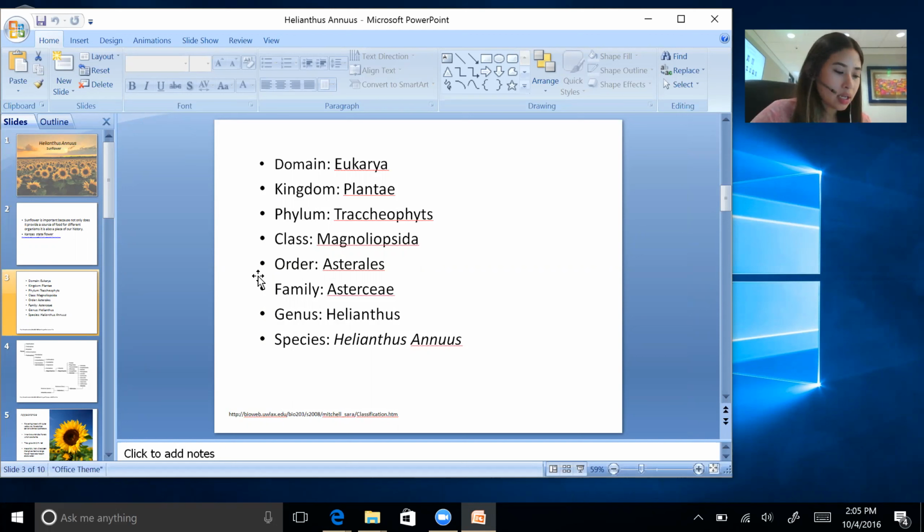The order is Asterales because it's a composite flower made of florets. That means it's composed of many small flowers called florets. Family Asteraceae, which means it can grow in hardly every terrestrial habitat, adapted also for harsh locations. Genus Helianthus, species Helianthus annuus.